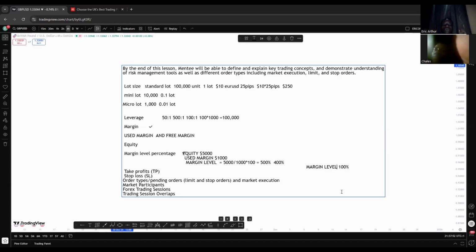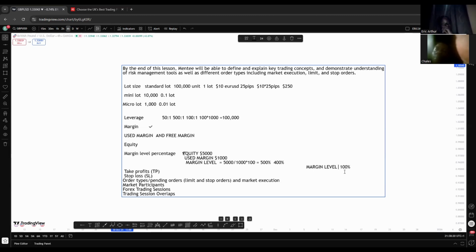That means you don't have free margin. With your entire amount of money, you can't even enter another trade. You get it? So let's say it has reduced to 90%. That means your account is growing. You get it? That's how it is.